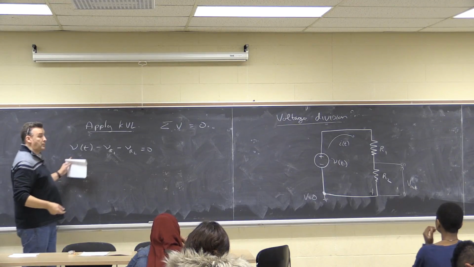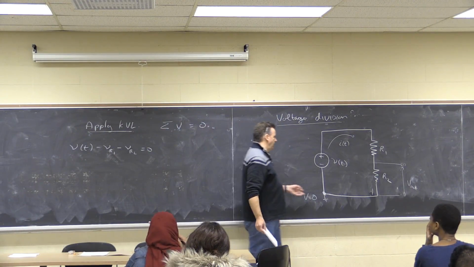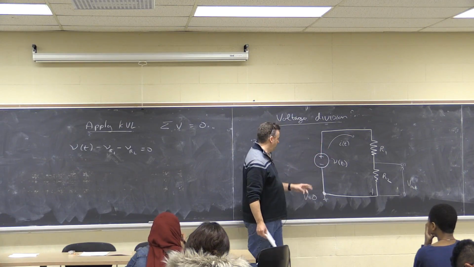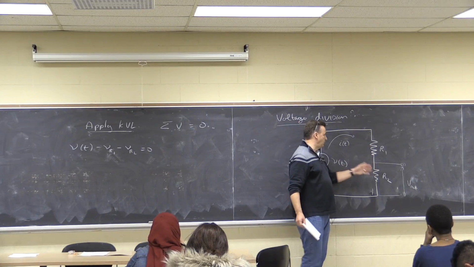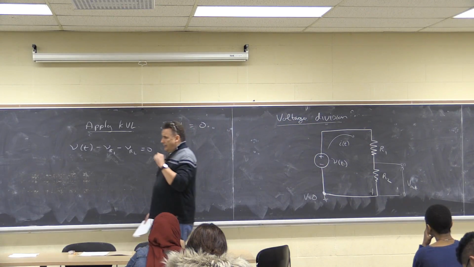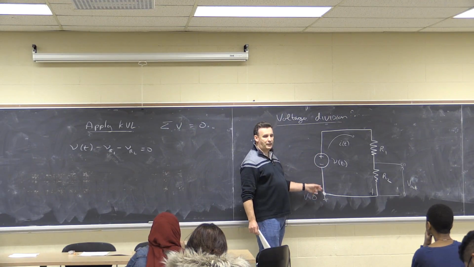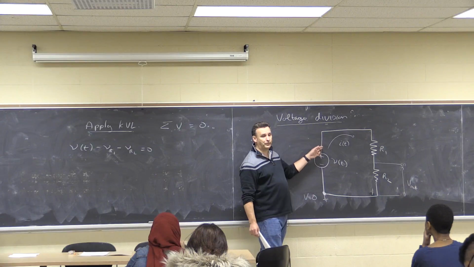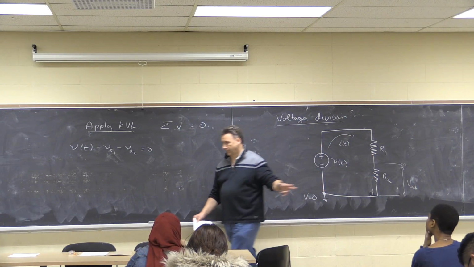Another convention that gives me exactly the same result, but in some cases can help, depends which flavor you prefer. The book tends to say, well, these are positive voltages and this will be a negative voltage. And basically they say, if I go through a source from negative to positive, I can count the negative terminal first, I'll call that a negative voltage, and then I'm going to have a positive voltage and a positive voltage.